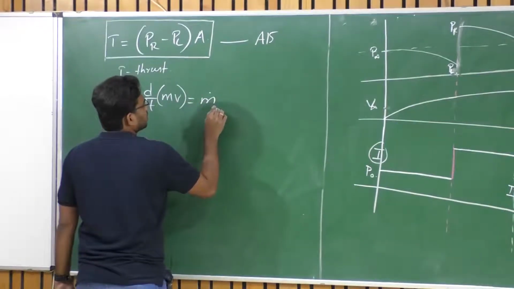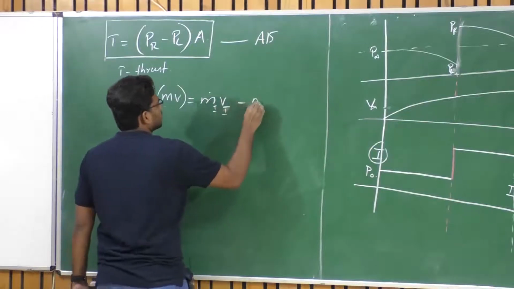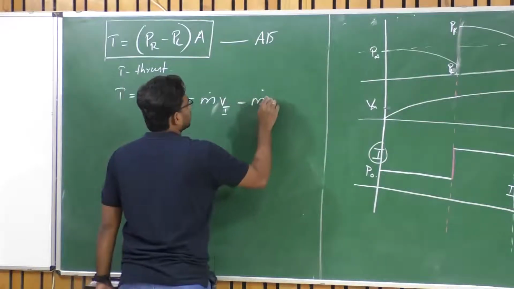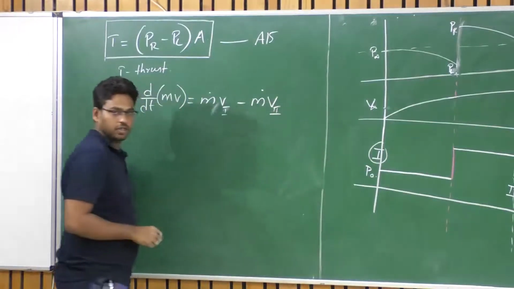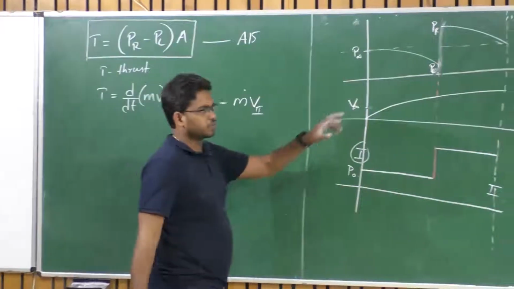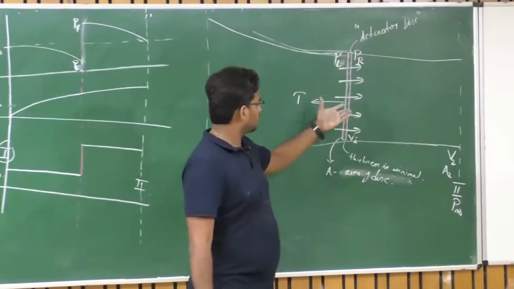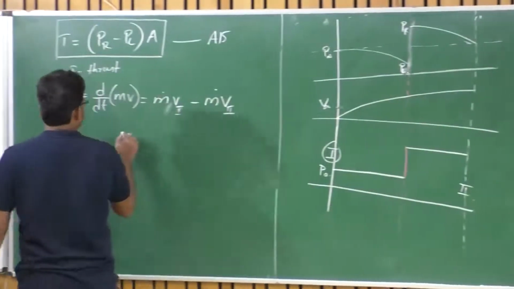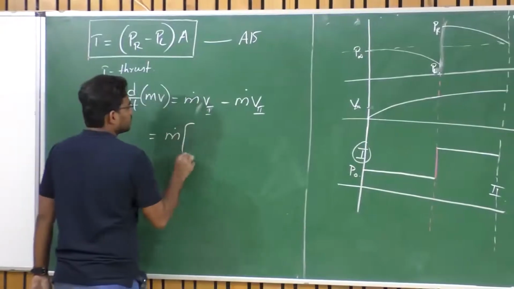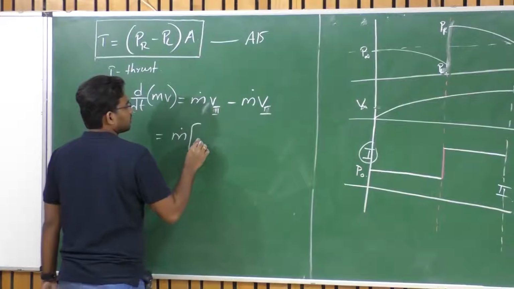So m dot at station 2 times velocity at 2 minus m dot at station 1 times velocity at 1, right? So this mass flow rate is due to this rotating disk, isn't it? This disk is what is creating that mass flow rate. So what is that value? Mass flow rate is equal to rho A V, right? m dot times, sorry, V2 minus V1, let us say. So what is V2?